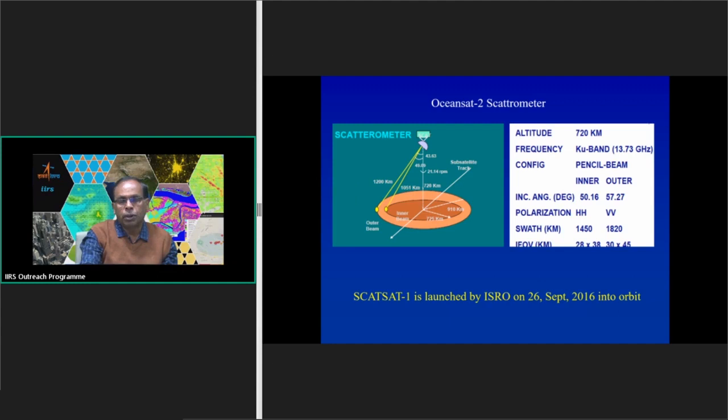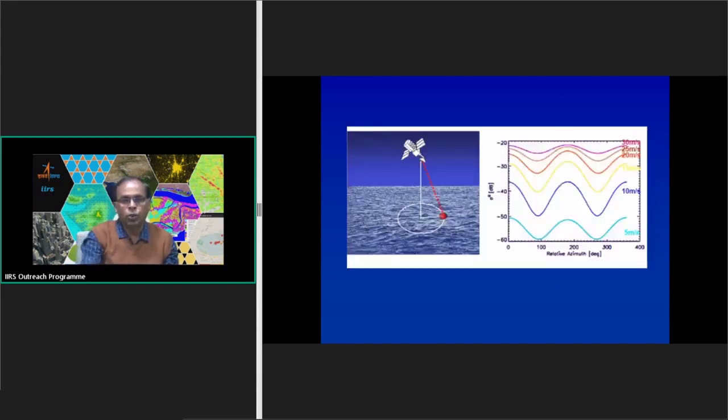So the backscattered energy is related to the wind speed and wind direction. It is a conical scanning scatterometer, and you have the sigma naught, and for different wind speed conditions you have different backscattered energy, and that can be modeled to give the wind speed and wind direction.